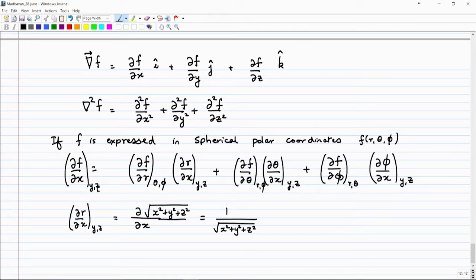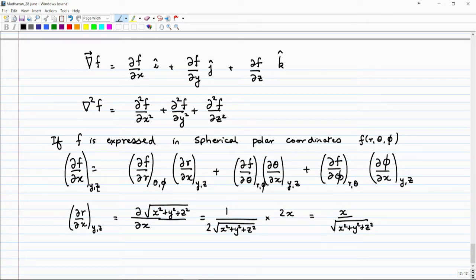Now, I take d by dx of this quantity, that is just 2x, y and z are constant. So, this is 1 over 2 times square root of that. So, this is just x divided by square root of x square plus y square plus z square.